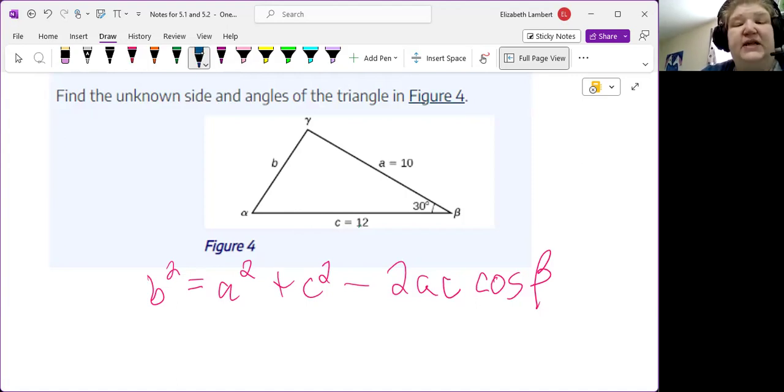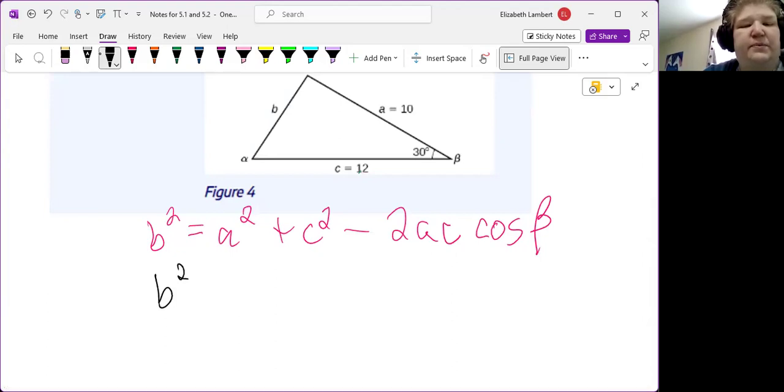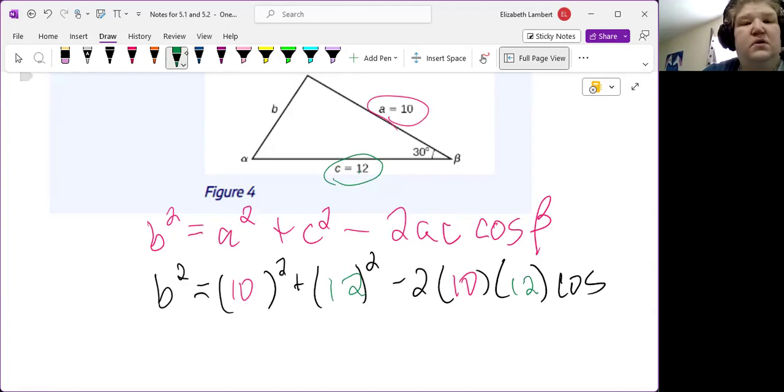And now we are just going to fill in the things we know. So we don't know B. A is 10. C is 12. And our angle for beta is 30 degrees.